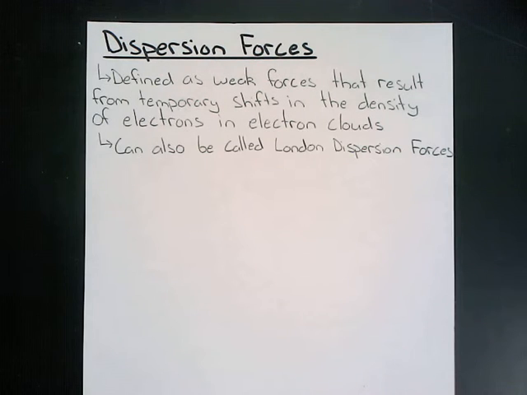Now, why are dispersion forces occurring? Well, molecules are almost always in motion. And as they're in motion, they're going to collide into one another. And when these collisions occur, the electron cloud of one molecule repels the electron cloud of the other molecule.